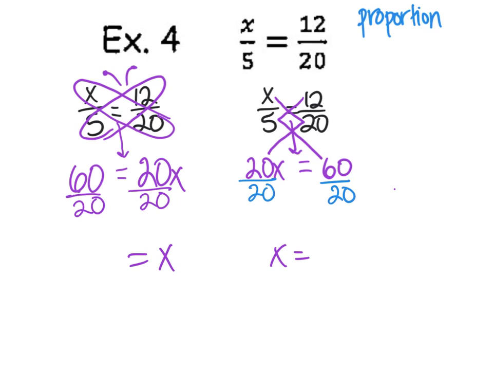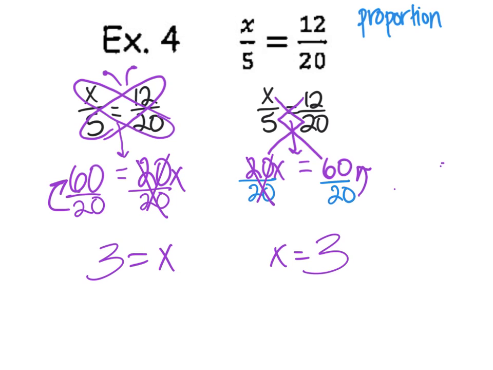Okay, the 20s cancel. 20 over 20. How many times does 20 go into 60? 60 divided by 20. 20, 40, 60. Here on the right side, the 20s cancel. 3 times. Okay?